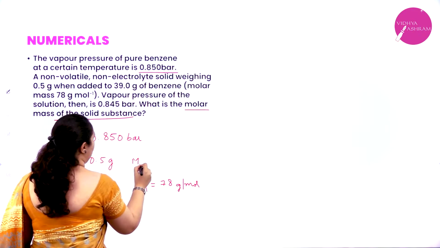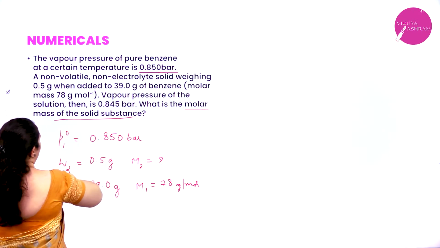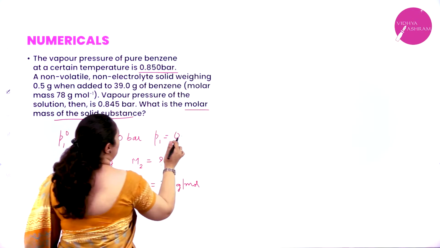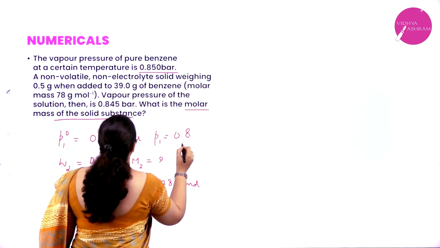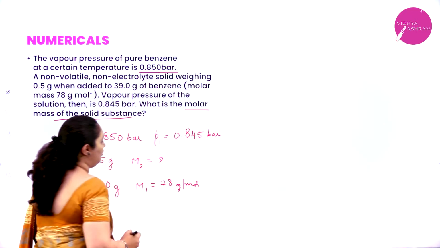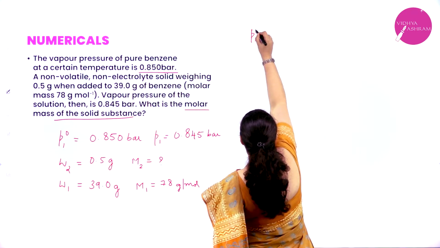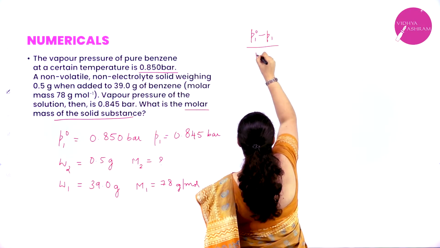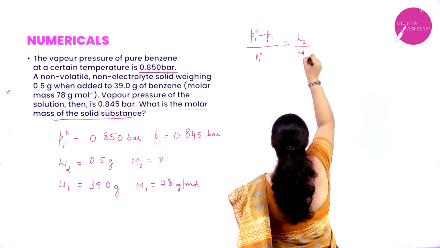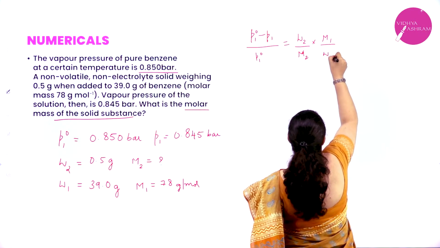We are supposed to calculate the molecular mass of the solute, and last thing what they have given is vapor pressure of the solution. So P1 is equal to 0.845 bar. Okay. So the formula for this is (P1⁰ minus P1) by P1⁰ is equal to W2 by M2 into M1 by W1.